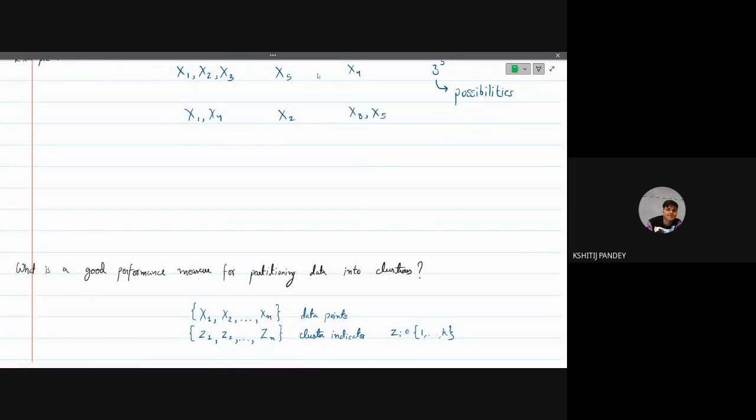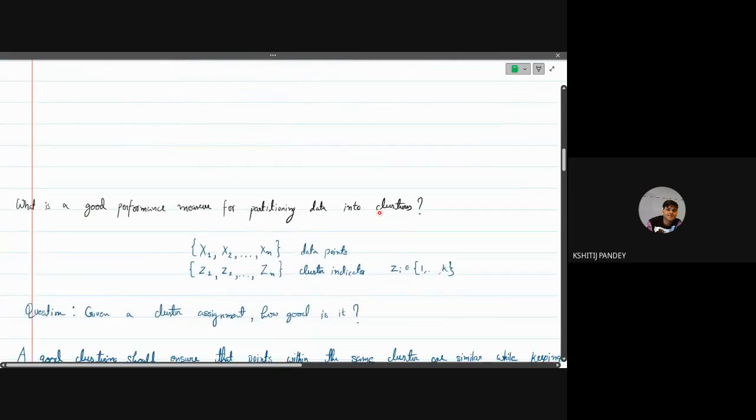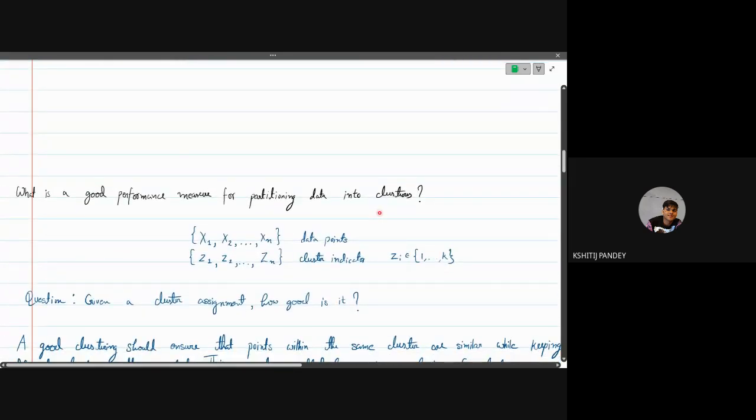You want to understand how good is this clustering. Is this way better or this way better? What is a good performance measure for partitioning data into clusters?